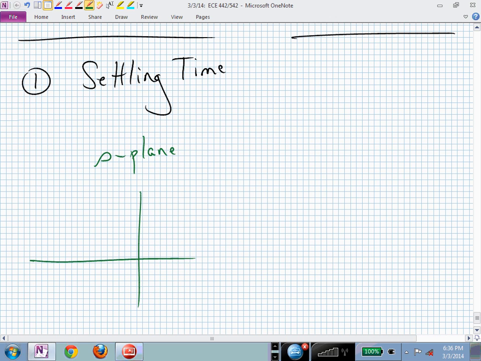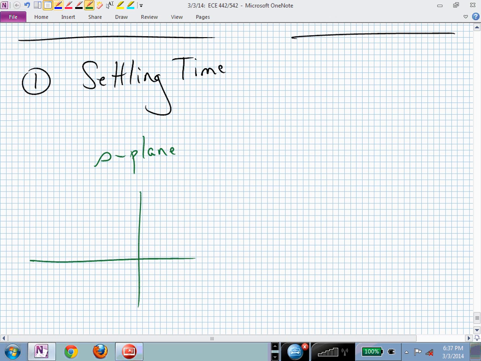If I said settling time, what are you visualizing in the S-plane? Moving further into the left half plane, and you want to now put boundaries up corresponding to vertical lines. You draw a vertical line, you say, I need to be to the left of that vertical line. Oh, I need more settling time. Well, then you need to put your vertical line further into the left half plane. You want it even faster? Keep moving that further and further to your left, into the left half plane.